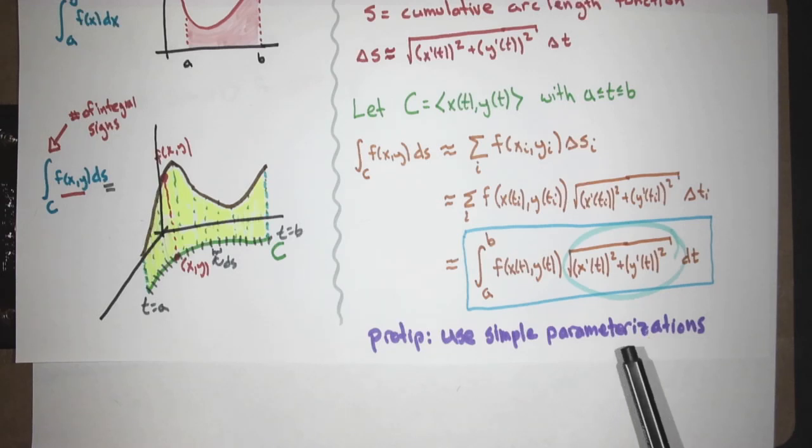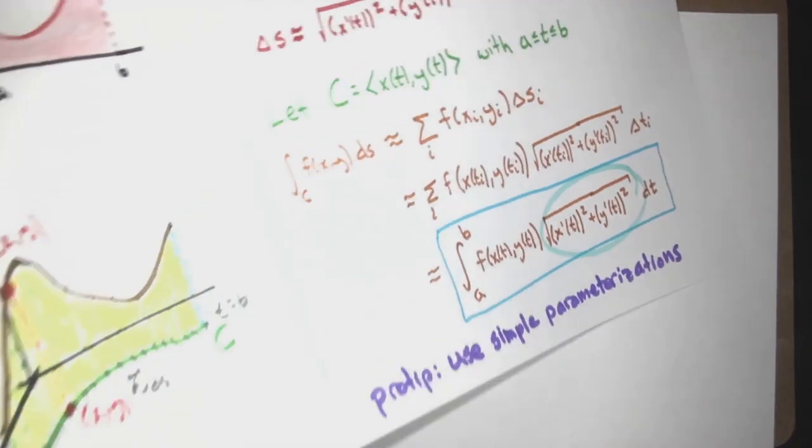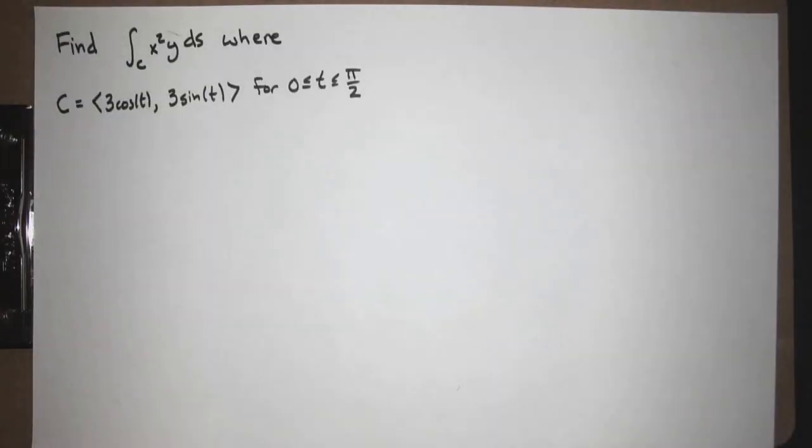Given that it doesn't depend on your parameterization, use simple ones. Why? Because we like ourselves. And we want to make life easy. And so, if it doesn't give you a parameterization, find the simplest one you can. All right, but this time it gave you a parameterization.